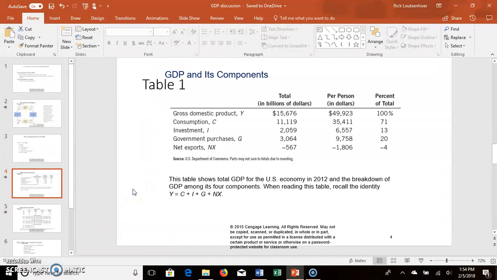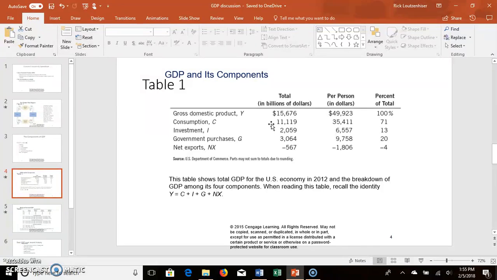This is the gross domestic product of the United States in the year 2012. And up here is the total, $15 trillion, 15,676, all right? And of that, $11 trillion was consumption.